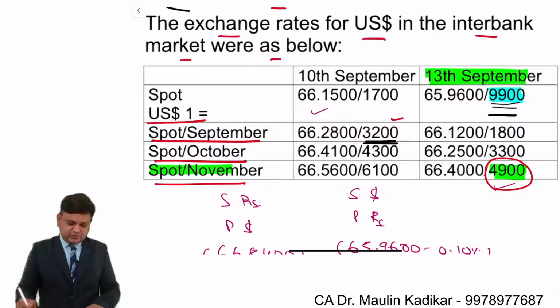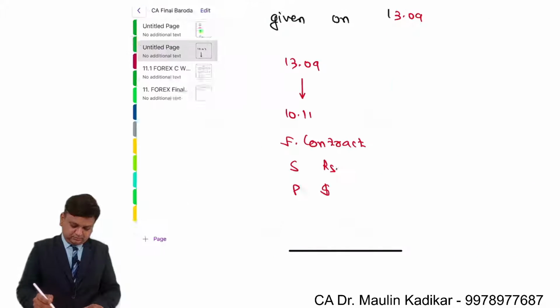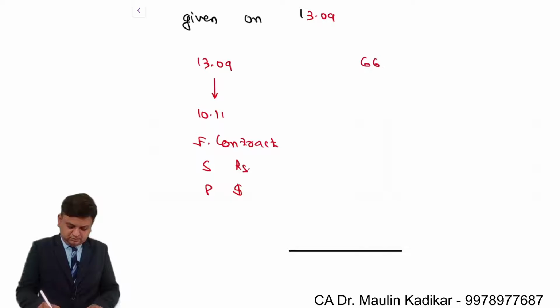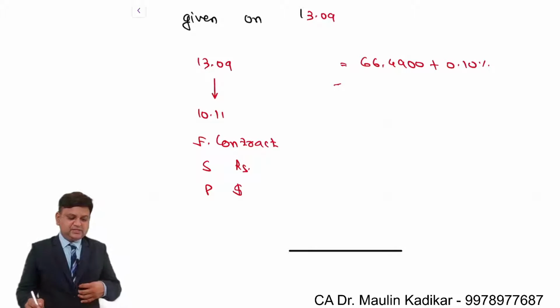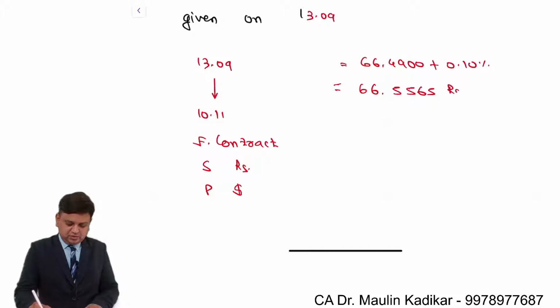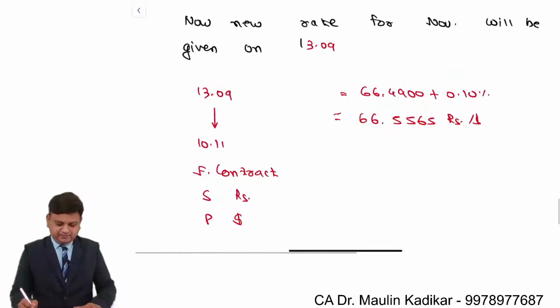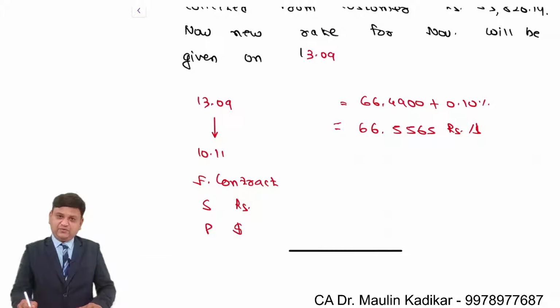So 66.49 plus 0.10% margin. So no cash flow will be there on this rate. It is only that there is a fixed commitment, 66.5565 rupees per dollar. This is the way the rate will be frozen.